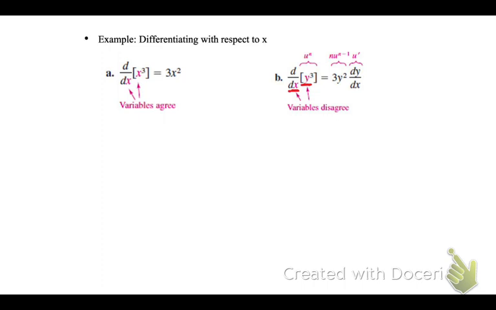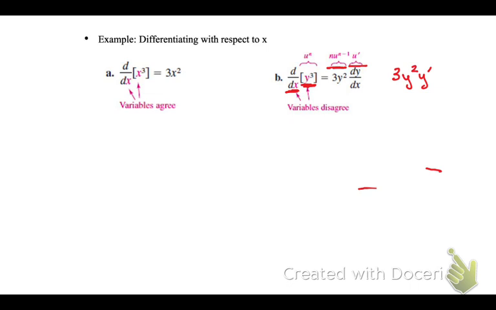Now, dy dx means derivative, yes? Okay, so we have the first rule that we've been using. So you would use the rule just like any other time, and then you multiply it by that derivative. That has to happen anytime these two do not match. Now, you can write it like that. You can also write it as 3y squared y prime. What does y prime mean? dy dx.